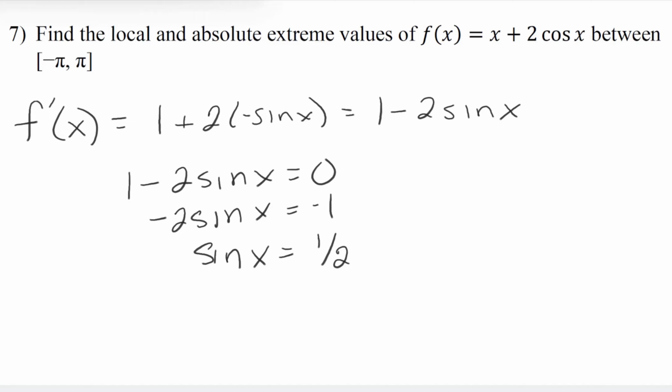So we're looking at where sine of x equals 1/2, which is at pi over 6 on the unit circle. Yeah, because 1/2, square root of 2 over 2, square root of 3 over 2, and then 1. So that means x is pi over 6.